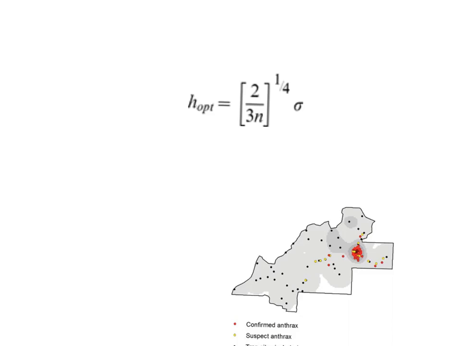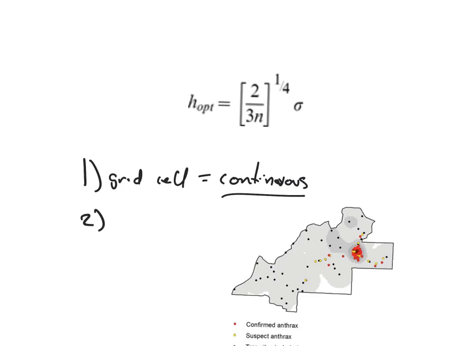So let's look at one of the parameters required for a kernel density estimation. So one parameter required is a grid cell size, because we're going to convert this discrete point distribution into a continuous surface. So we have to have some kind of a setting for choosing that. The second thing we have to choose is the bandwidth, or the radius that we're going to set around each trap location to calculate that smoothed kernel density estimate value.